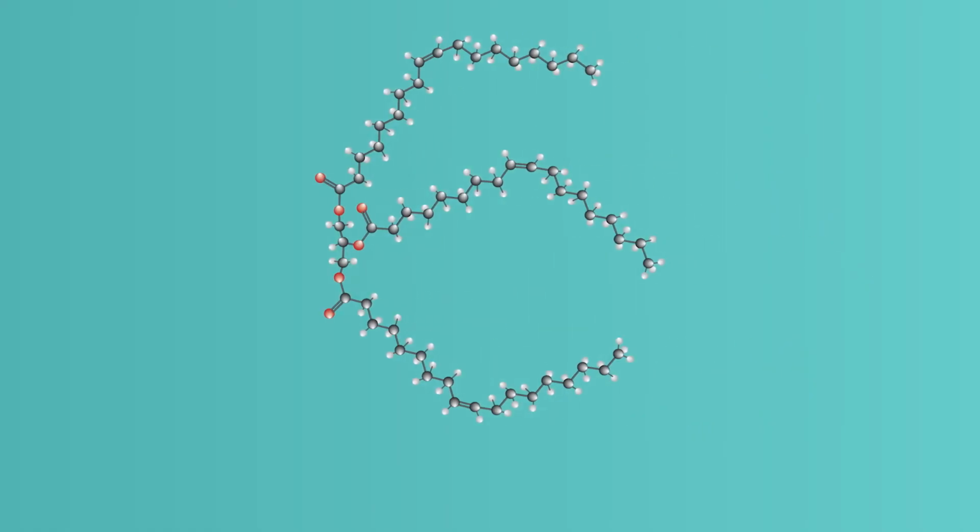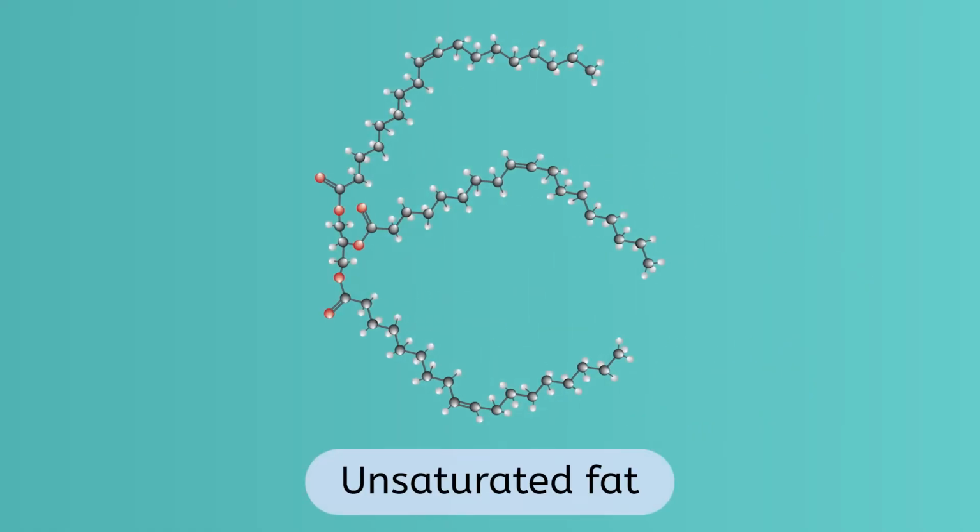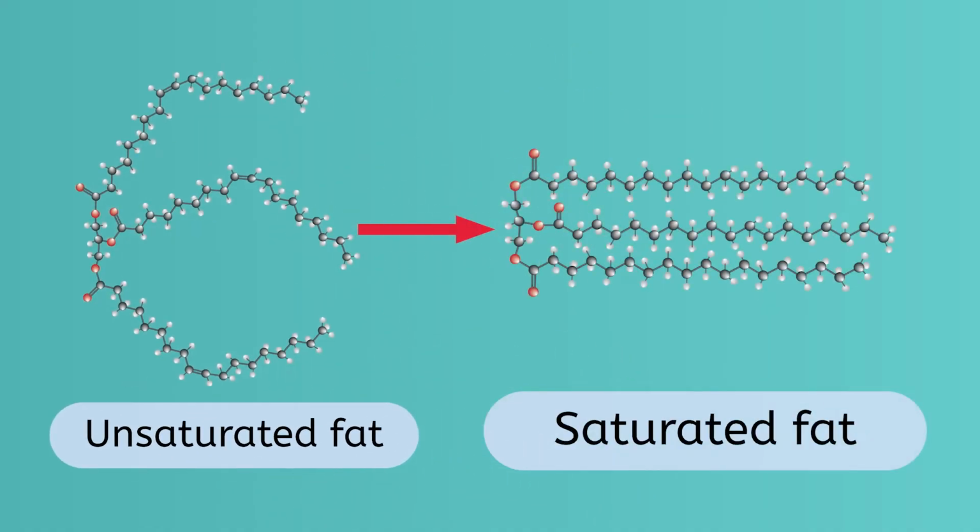But wait, we didn't talk about trans fats before. That's because trans fats are artificially created. The process starts with unsaturated oil. Hydrogen gas is pumped through the unsaturated fats, which forces the double-bonded carbons to grab an additional hydrogen, losing their double bonds and kinks in the process.